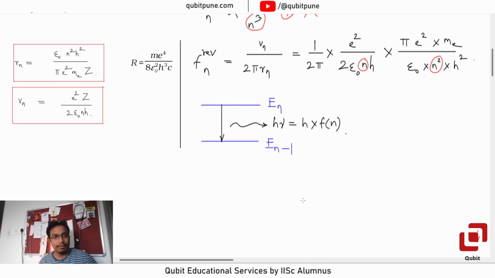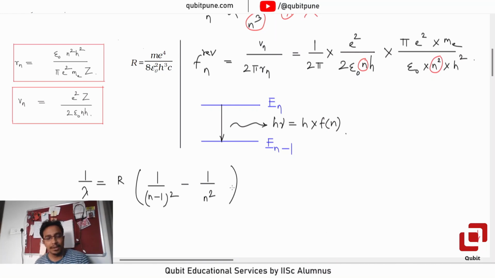If you remember, that formula is 1 upon lambda equal to Rydberg's constant R into 1 upon n squared minus 1 upon m squared. I hope you remember this. So it will be 1 upon n minus 1 squared minus 1 upon n squared. Do you remember this?